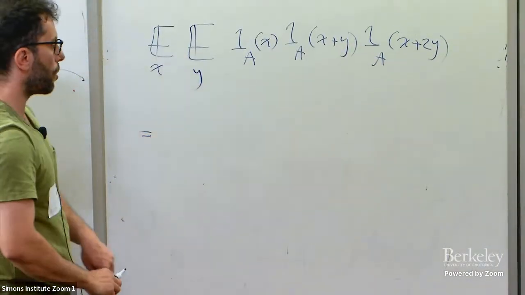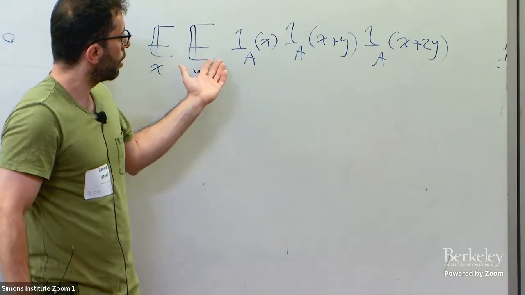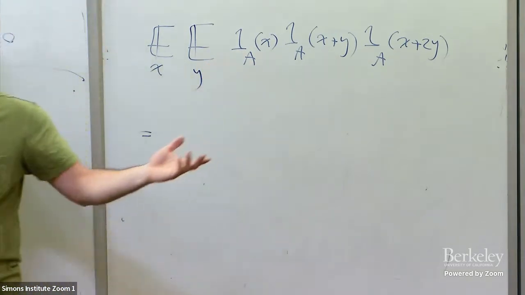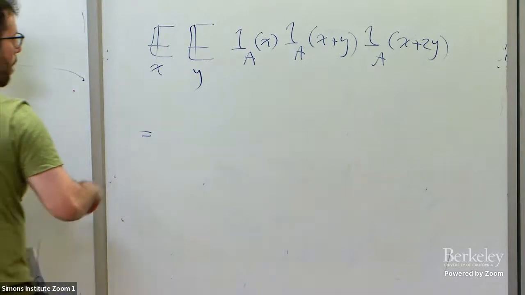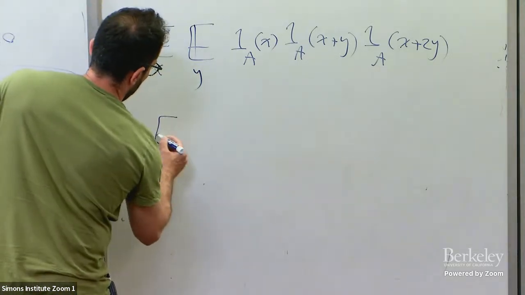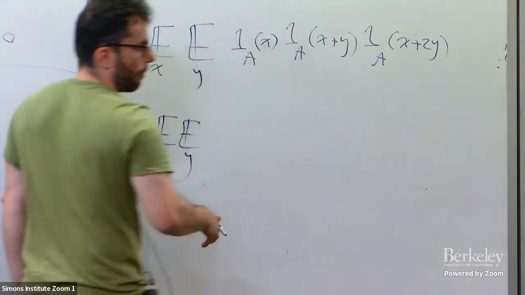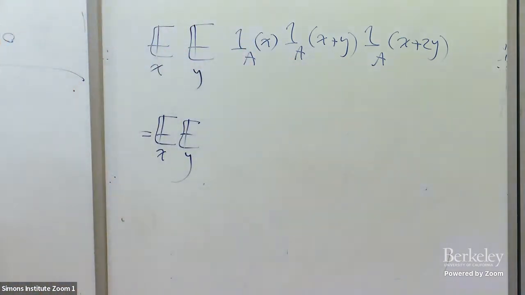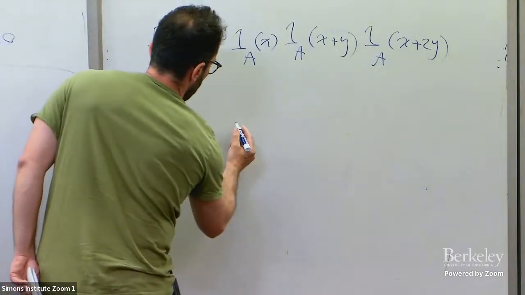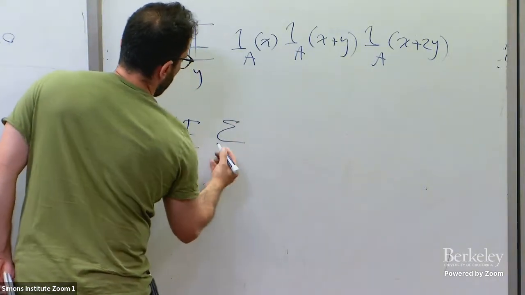Okay, what we do in these situations is we replace our function with this Fourier expansion. So what you're going to get now is the expected value over x, the expected value over y, and I have three copies of my function, and for each one I'm plugging in its Fourier expansion. So I'm going to have these three sums here.